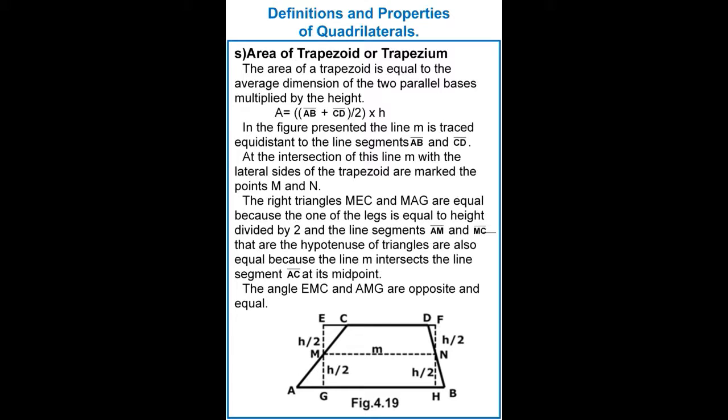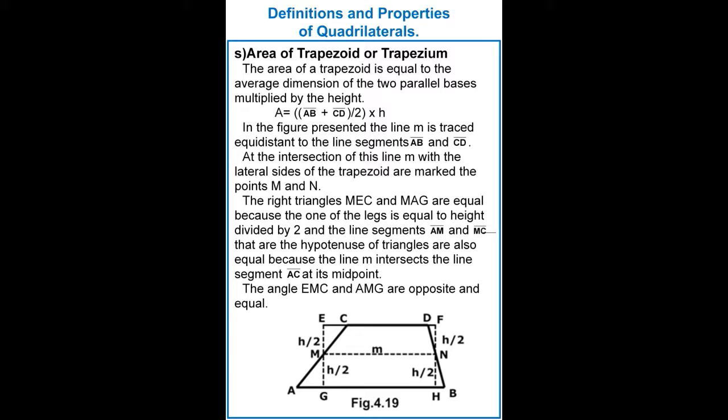At the intersection of this line M with the sides of the trapezoid AC and BD are marked the points M and N. The MEC and MAG triangles are equal because they have a leg with dimension equal to the height dimension divided by 2, and the segments of the lines AM and MC that are the hypotenuse of the same triangles are also equal because the line M crosses with the line AC in its half point.